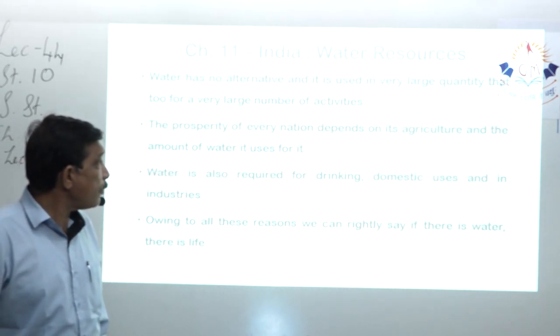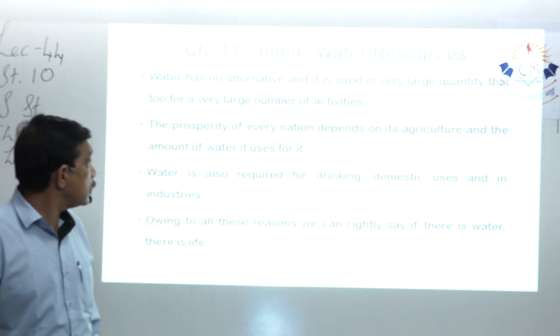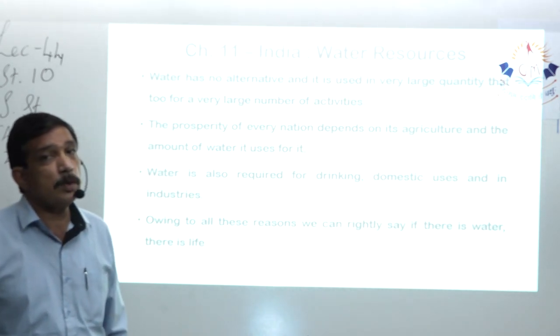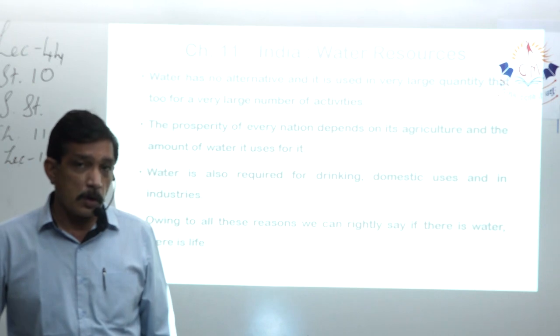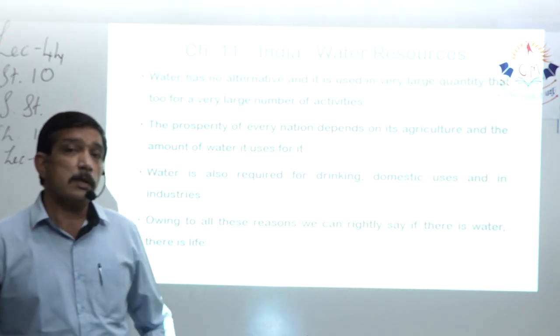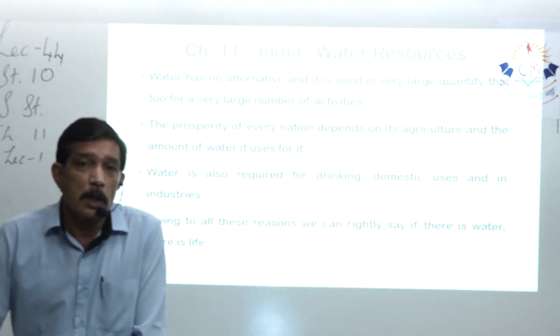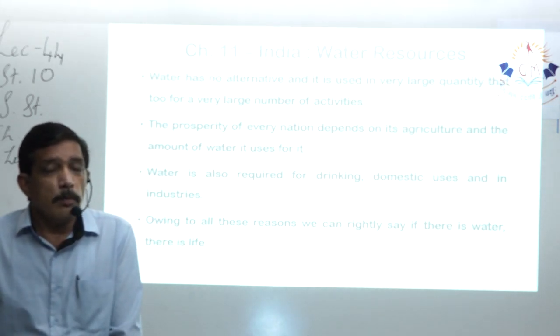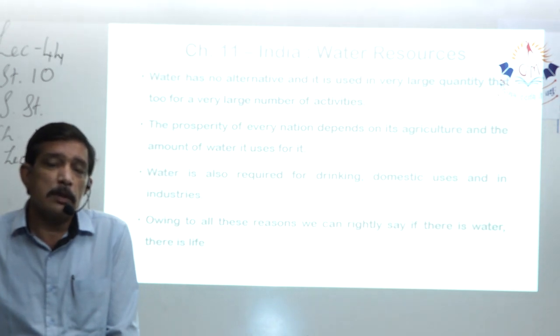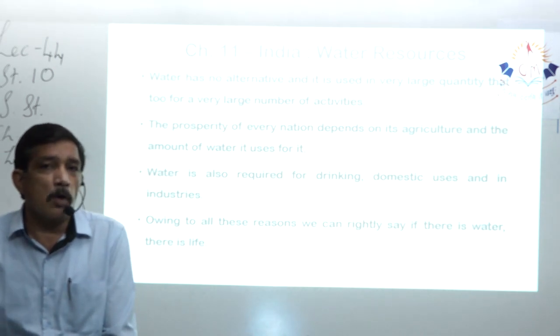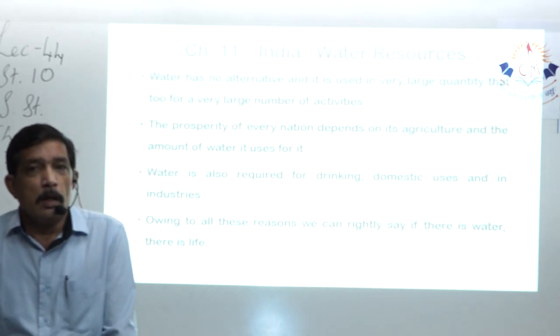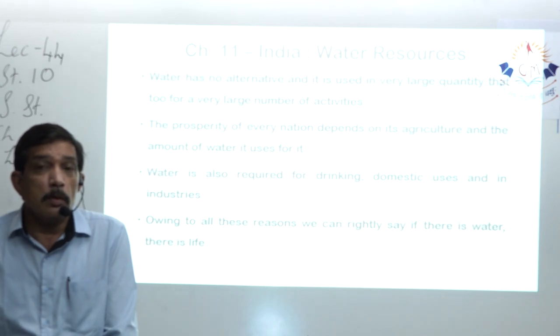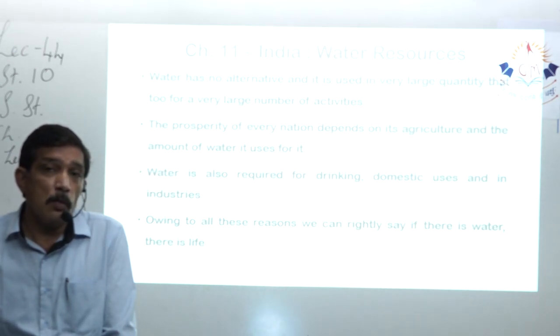The prosperity of every nation depends on its agriculture and the amount of water it uses for it. This is also quite important. For example, if we go to the Arabian countries, which are quite desertic, petrol and diesel are quite cheap compared to one bottle of water, because the source of drinking water is negligible over there.